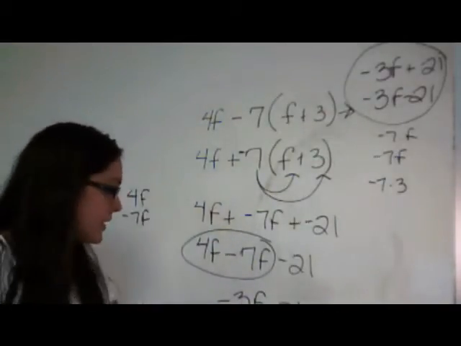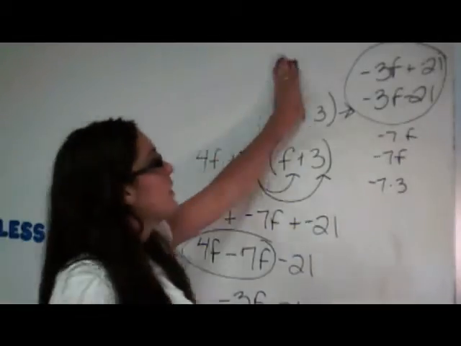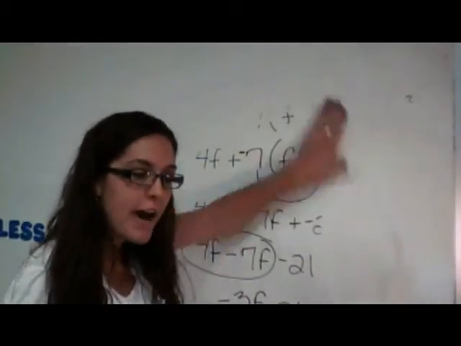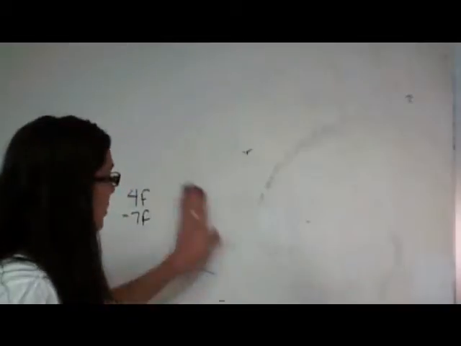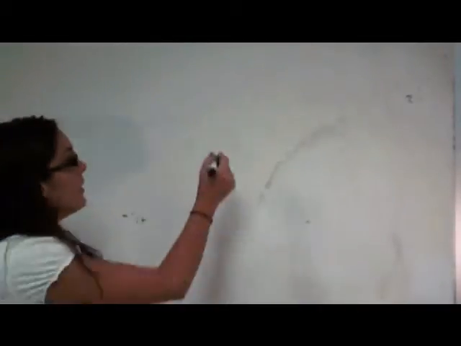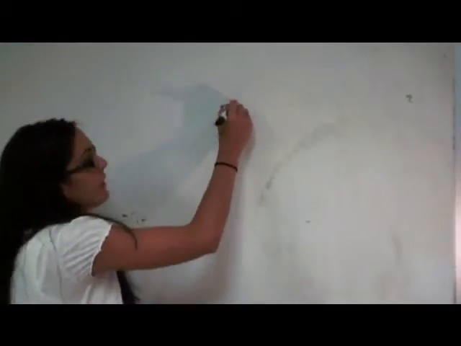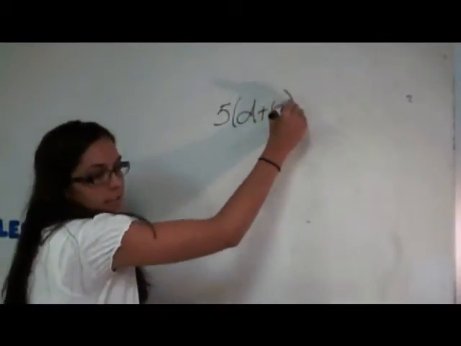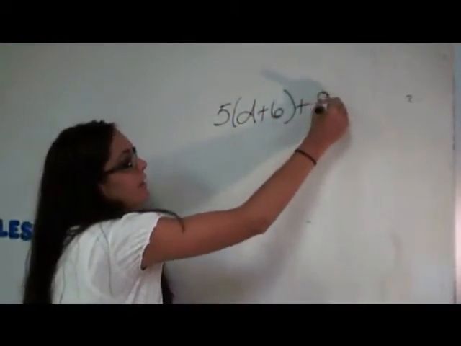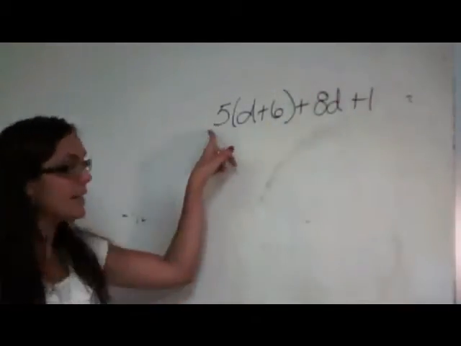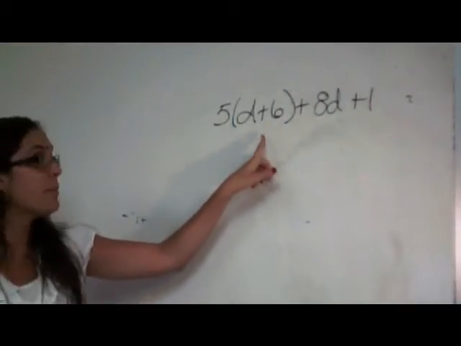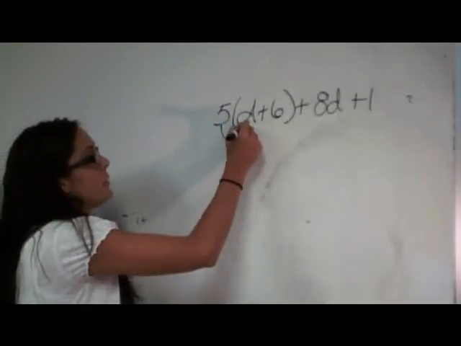Okay, let's do the one that's below that on your whiteboard. We have 5 parentheses d plus 6, close your parentheses, plus 8d plus 1. I see parentheses here, so that's the first step to simplify this.